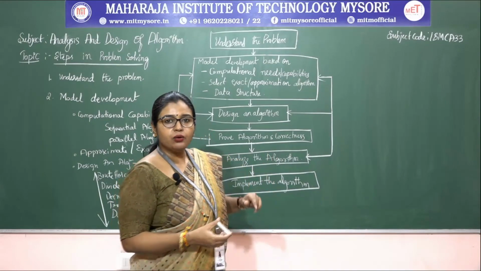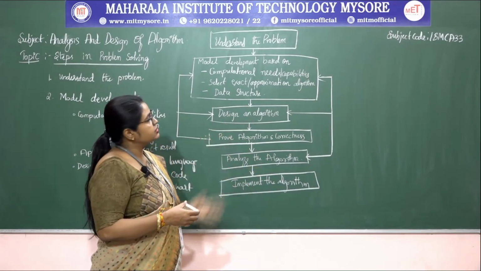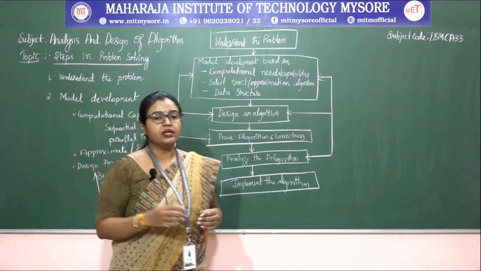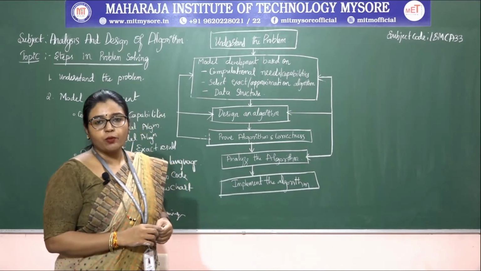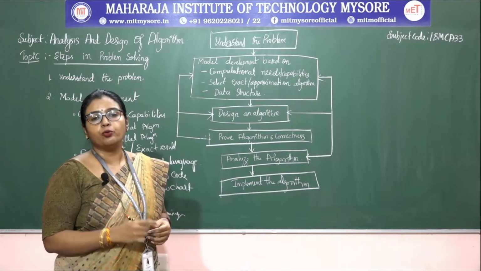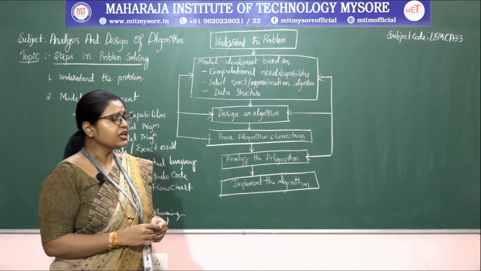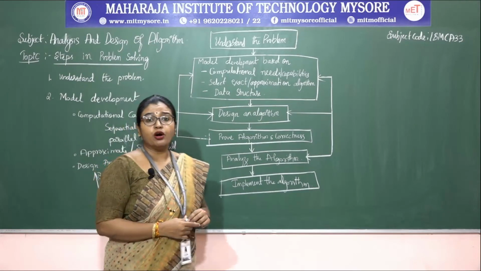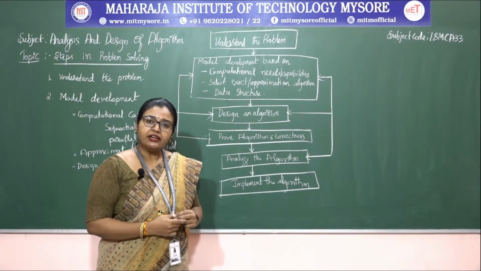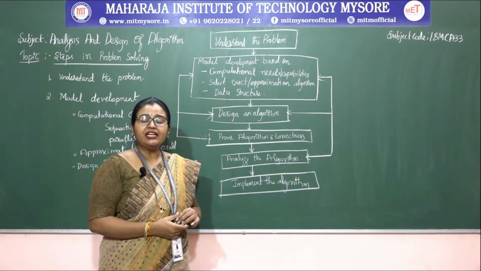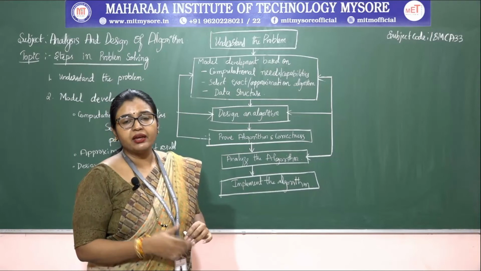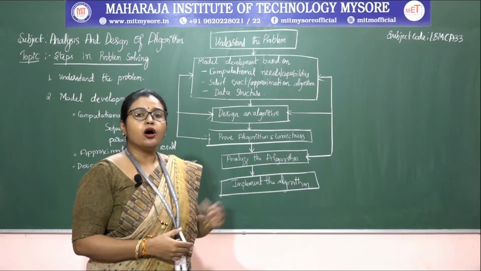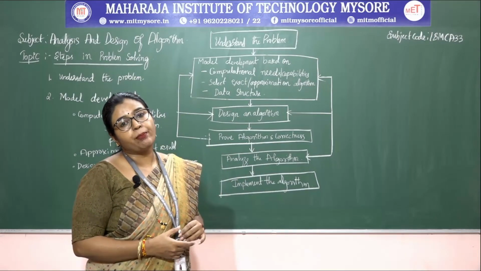Now again let me repeat the steps. What is the first step? We need to understand the problem statement: what the problem is, what all the inputs are, and what all the outputs are. The next step is model development. Here we need to concentrate on whether you are going to write the program in a sequential order or a parallel order.